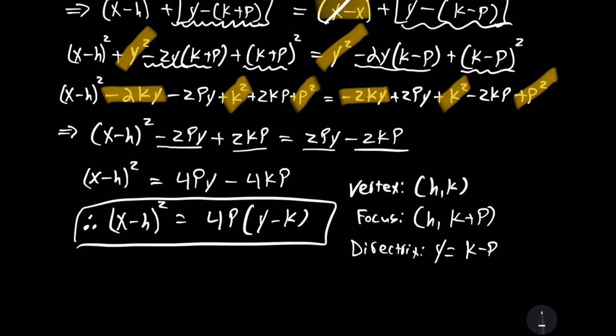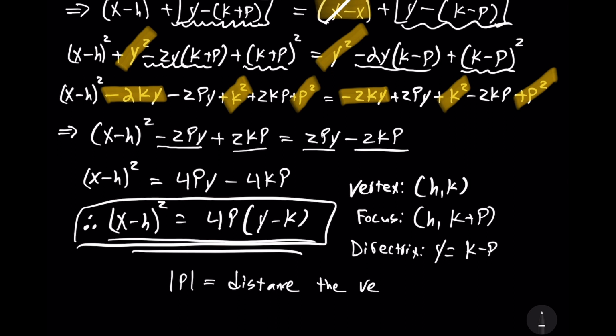And we can read off that information from this equation. Because note that the absolute value of p is really the distance from the vertex to the focus, for example.